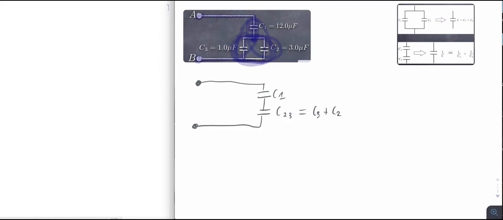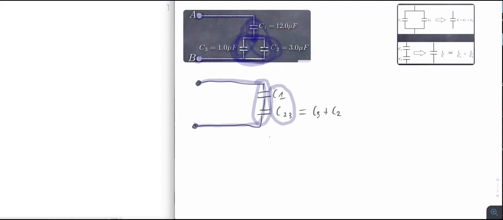Now looking at the new circuit, we see there's no more ambiguity. If I start at point A and move through to point B, there's only one choice of path to make, and that means that C1 and C23 are now in series configuration. If they're in series, to collapse them to one single capacitor, I need to use the reciprocal law, the way they add in reciprocals.